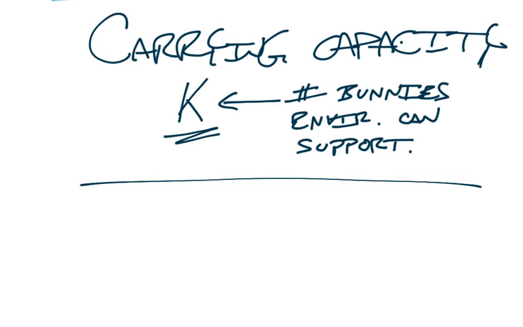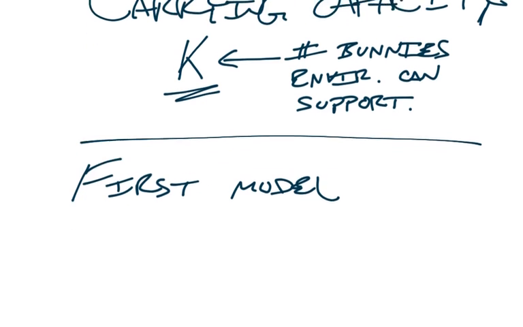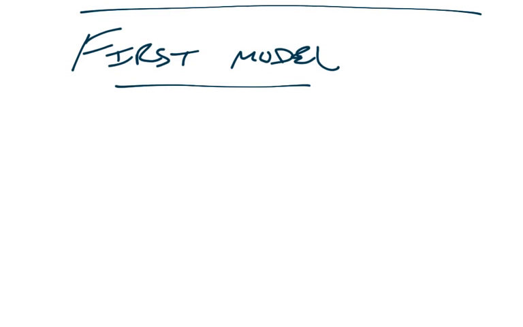So let's start with our sort of fundamental model, right? Our first model, which only incorporated two things, right? It only incorporated the fact that we can try to understand their growth rate, right? How fast are they on average being born, and a net growth rate, so being born versus dying, or dying versus being born.